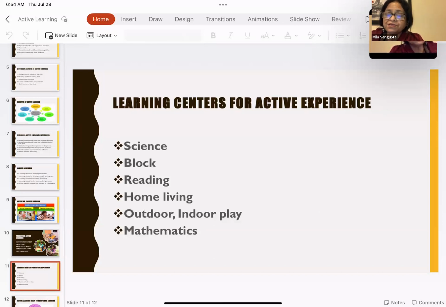A science center: even if you do not have a center, but you provide opportunities to the children to participate in some science activities, that is active learning. The block area is an unlimited area where children can practice and participate in active learning. Reading corner.